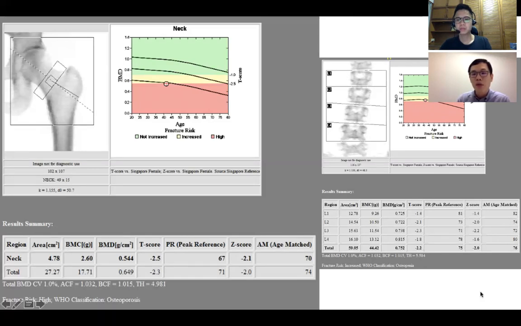Only with a lateral X-ray film can you see the vertebral calcifications. So sometimes with BMD alone, you might not know if this is a factor affecting your interpretation. And for the hip, you look at whether there's sclerosis around the hip, like OA changes, which can also cause a false elevation of your results.